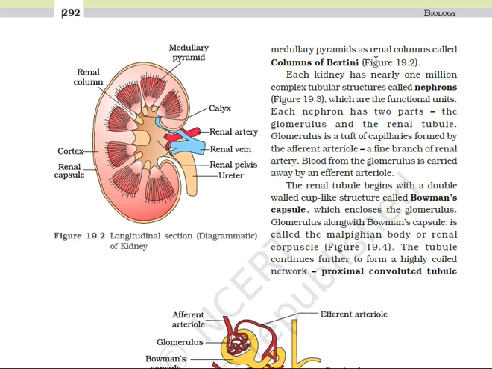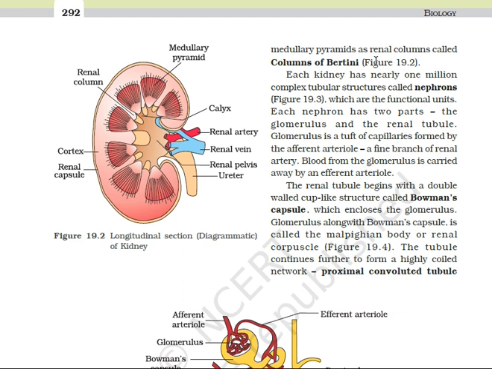These muscular urethral sphincters keep the urethra closed except during voiding of the urine. So these are the excretory organs, or you can say they form the excretory system of men.